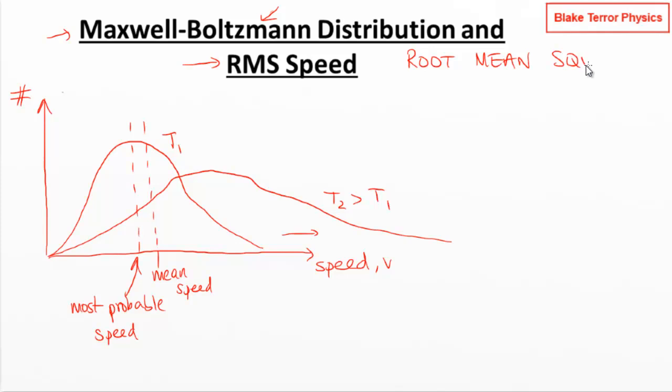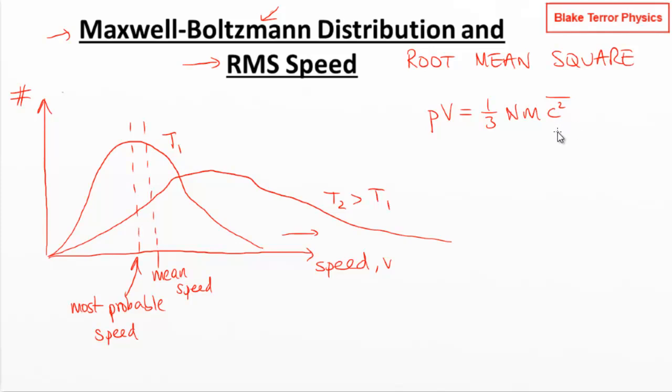Now, this is another speed, which turns out to be the one which is far more interesting. The reason this one is more interesting, let's go back to our PV equals 1/3 of Nm, and then the average of the square of the velocity of the particles in the gas. Now, we're interested in describing gases according to their temperature, and the temperature reflects the average kinetic energy.